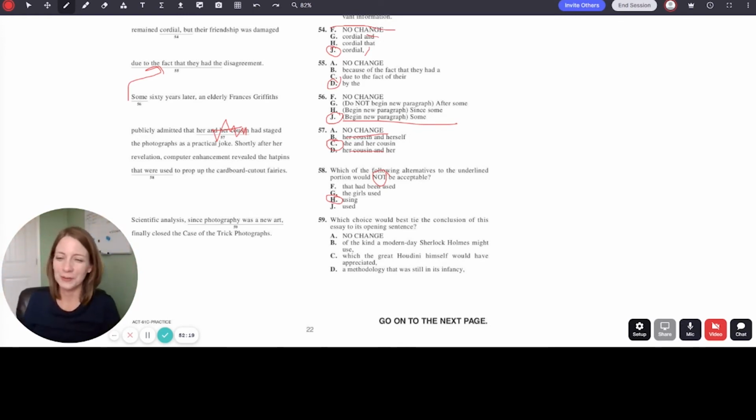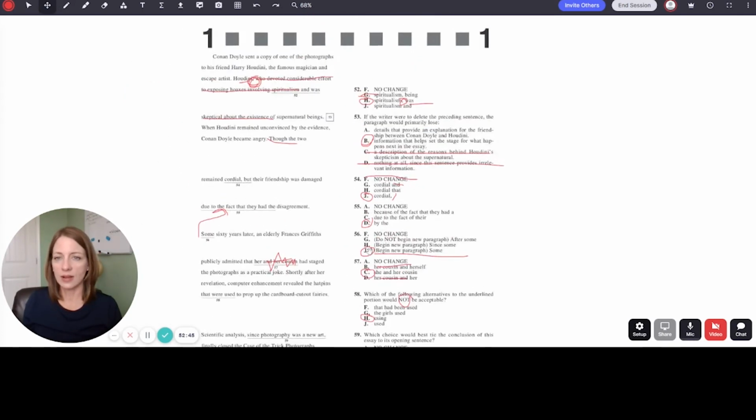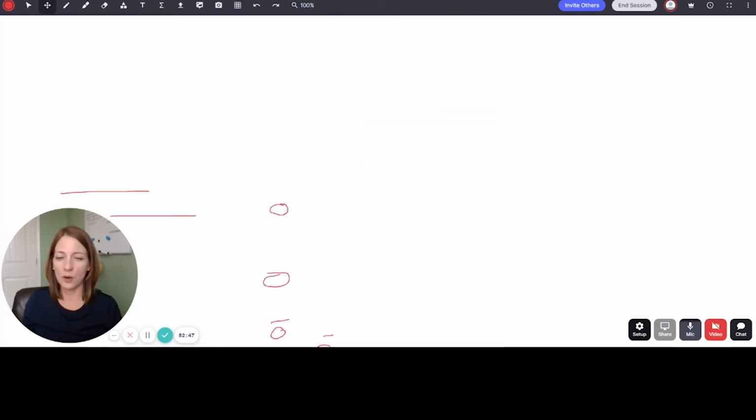Let's go. All right. "Scientific analysis finally closed the case of the trick photographs." Okay. Which choice would best tie the conclusion of this essay to its opening sentence? Let's go back to the opening sentence.